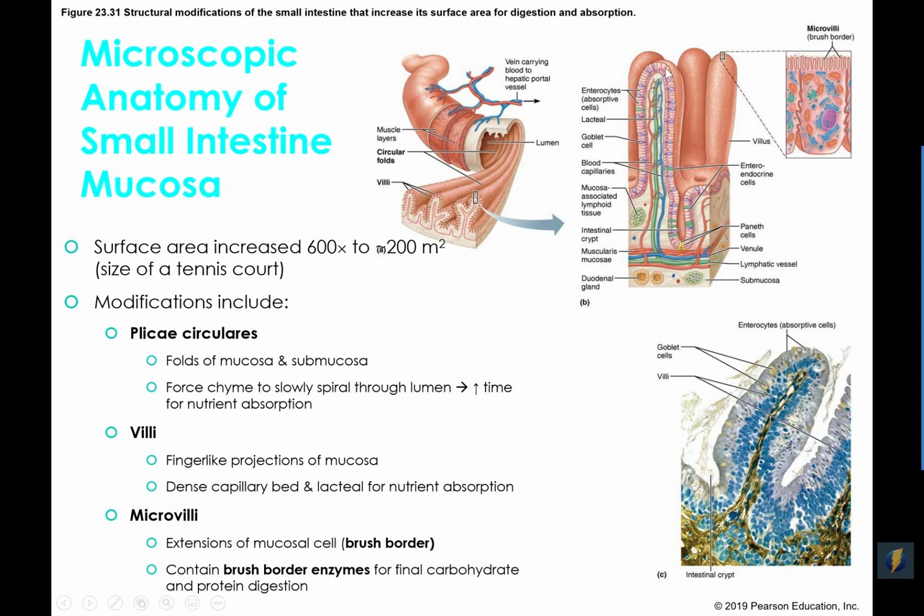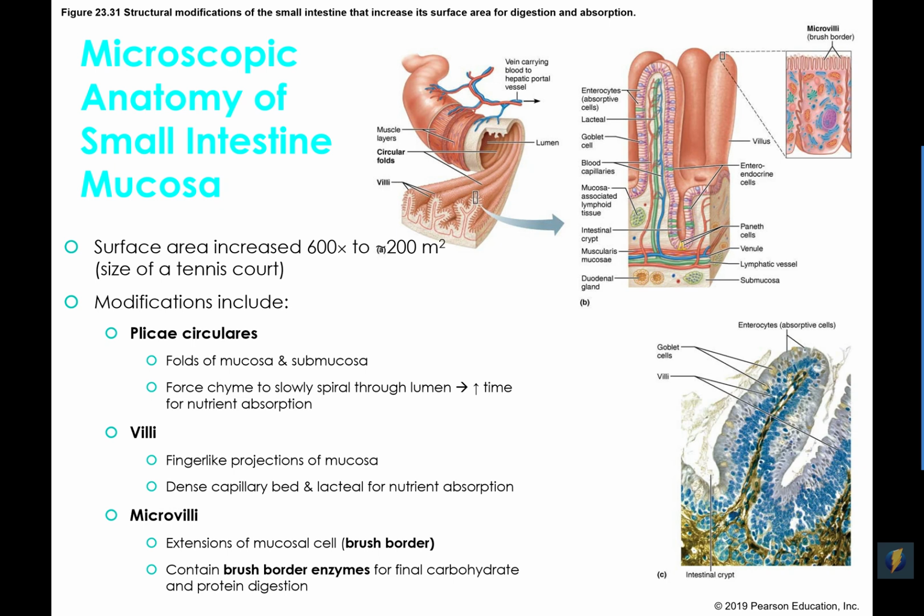We also have the finger-like villi, which increase our surface area even more so that we can pack lots of absorptive cells into the lining of the villus. And on the very top of that villus, you will find what we call microvilli or brush border, which is going to contain enzymes that will help us break down our food fully.